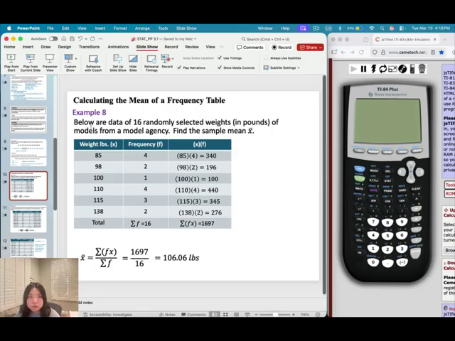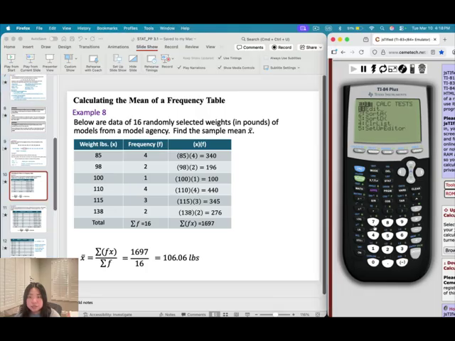Okay, so for example X, let's use the calculator together. Go to STAT, click on number 1, Edit. Okay, I'm going to clear the data for my L1, L2 and also L3. I'm going to plug in the data to L1 here and the frequency will be on L2.